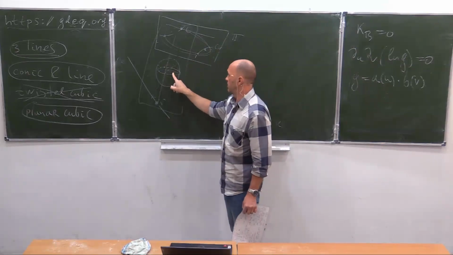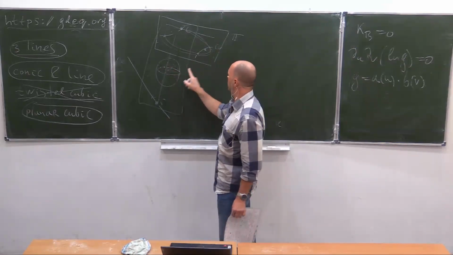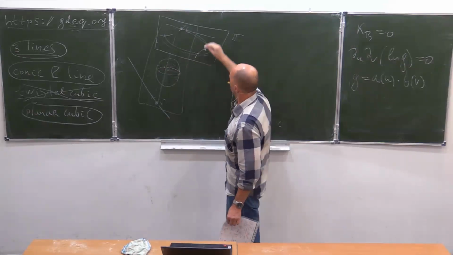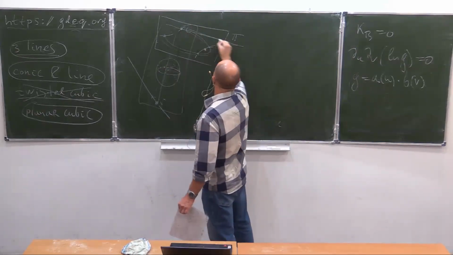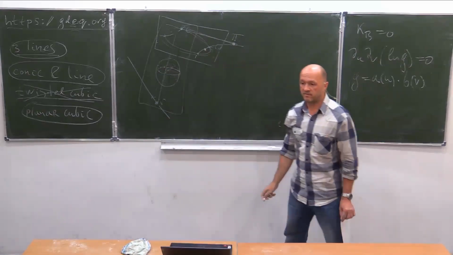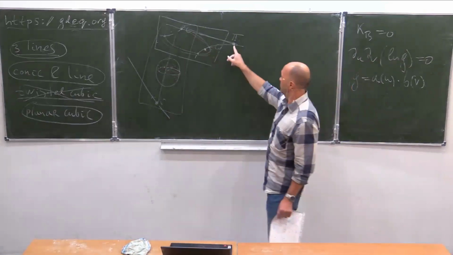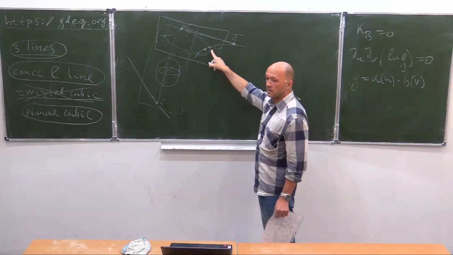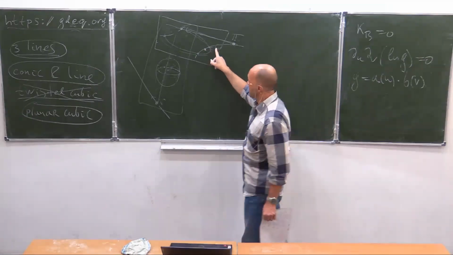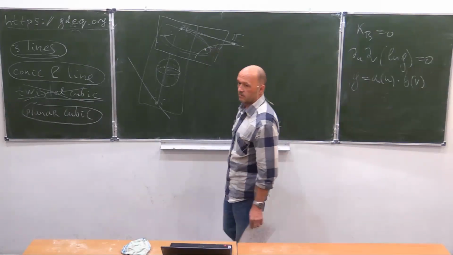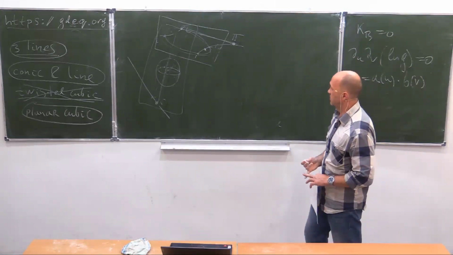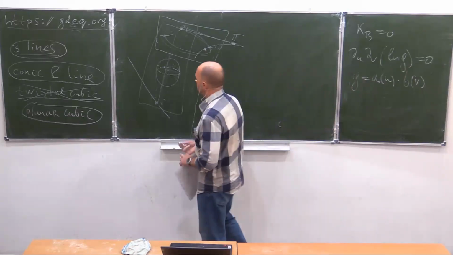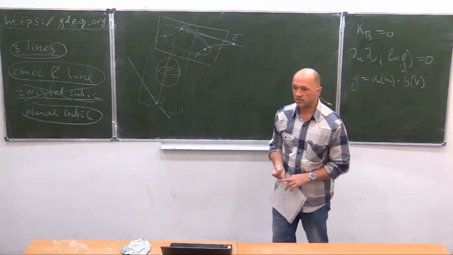But then for all these points, the polar point of this circle must be here on the conic. So all these tangent lines form a pencil of lines, and the center belongs to the polar conic. So this simple, elementary consideration will give you a construction.